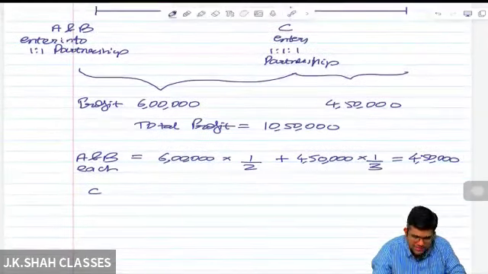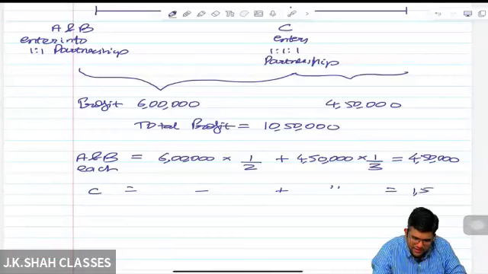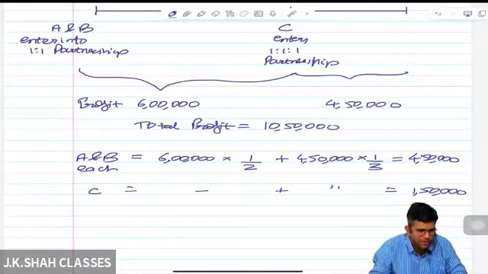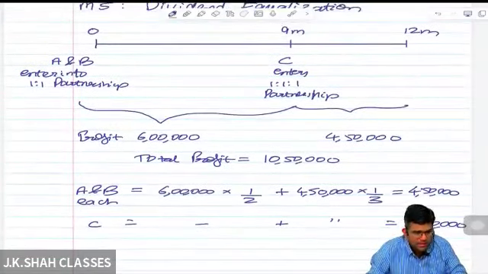And as far as C is concerned, he will not get the first, he will get only the second, and that is 1,50,000. Everyone clear? So 4,50,000 into 2 is 9 lakh, which goes to A and B combined, and 1,50,000 goes to C. Do you realize that is the entire 10,50,000 which is spread amongst these 3 people? Everyone following?